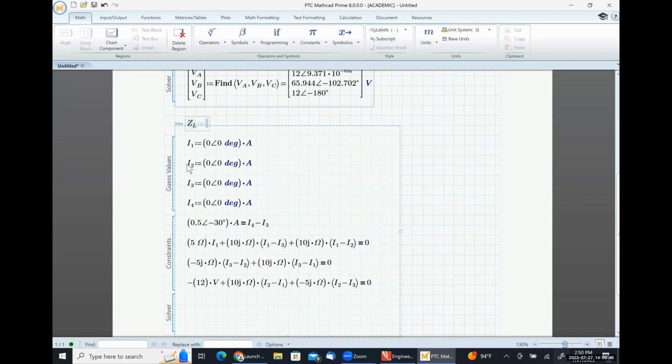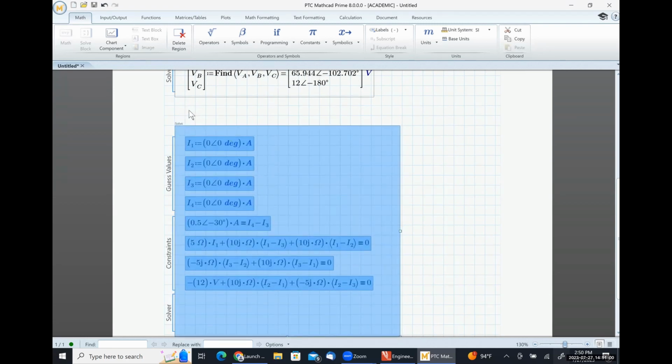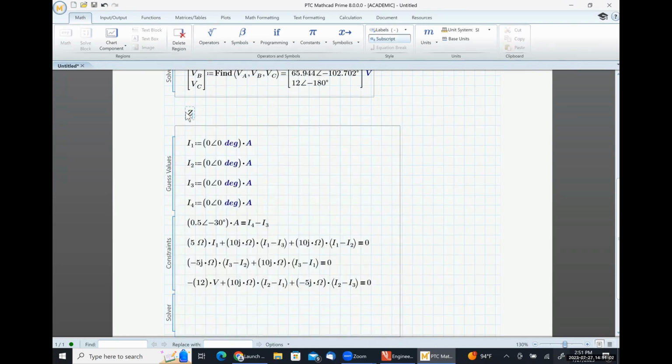I'm going to say that ZL is 10J ohms. Sometimes doing this works. Oh no, I need this to be outside of this solve block. Maybe I need to shift this down one more thing. So effectively, I'm going to declare my impedances kind of like global variables.